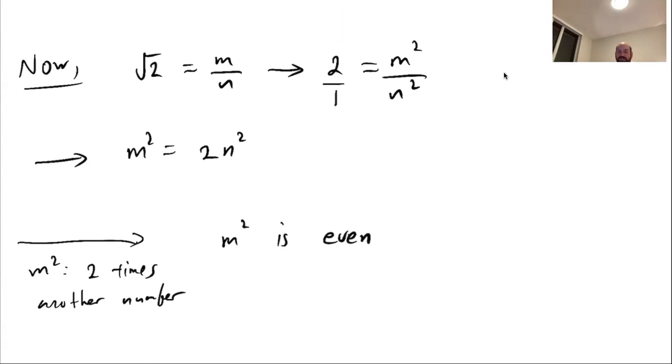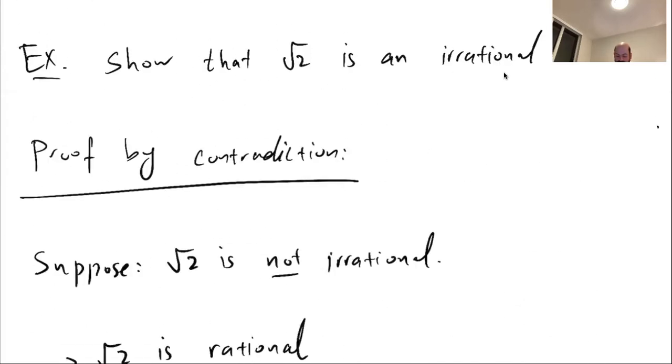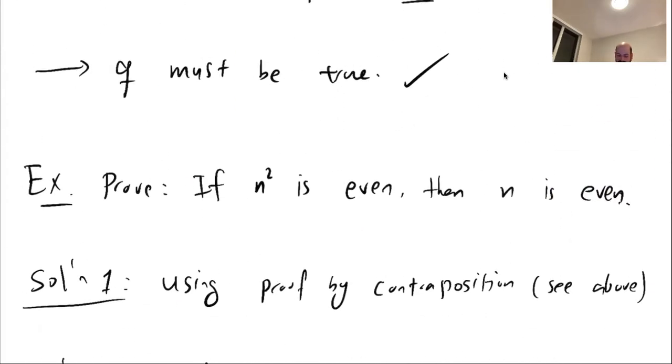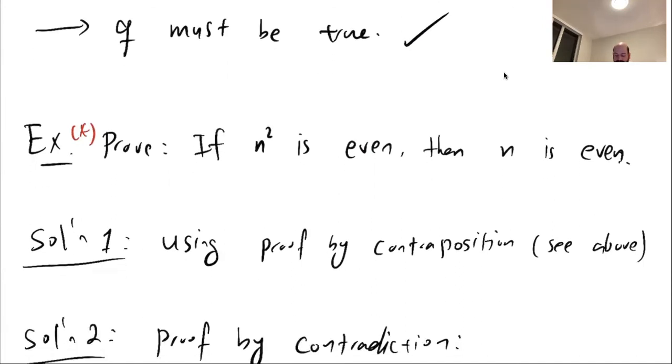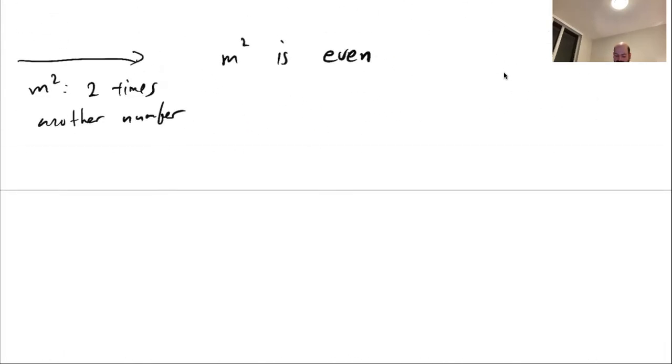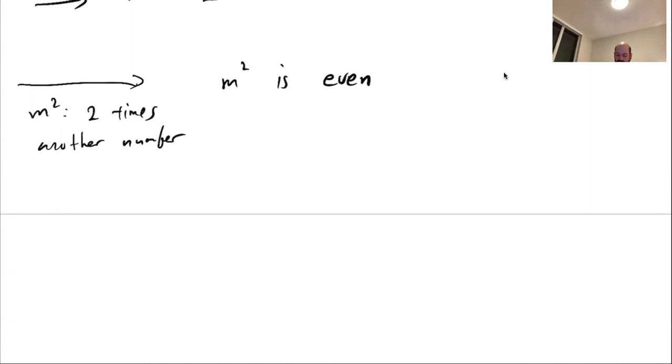Now I want to use the previous example that we did. Let me call this example star. In example star, we proved if n squared is even, then n is even, and we provided 2 solutions. So here I have m squared even. Example star above implies that m is even.